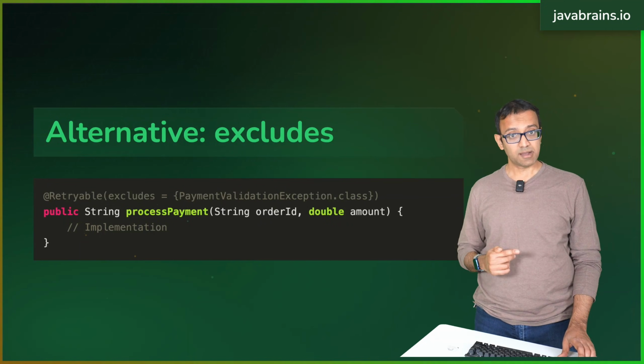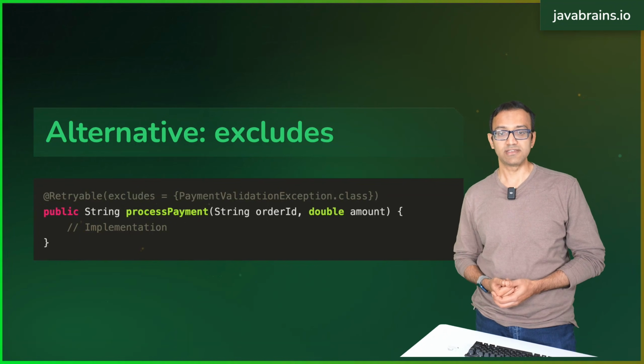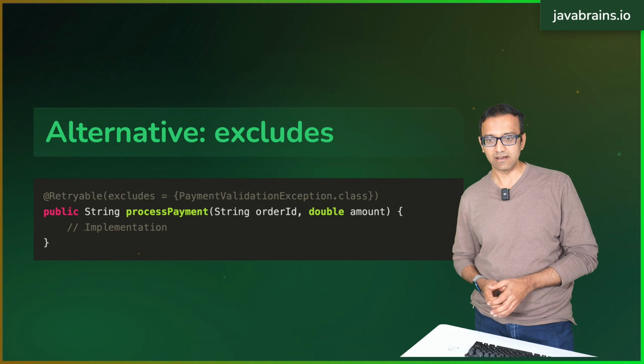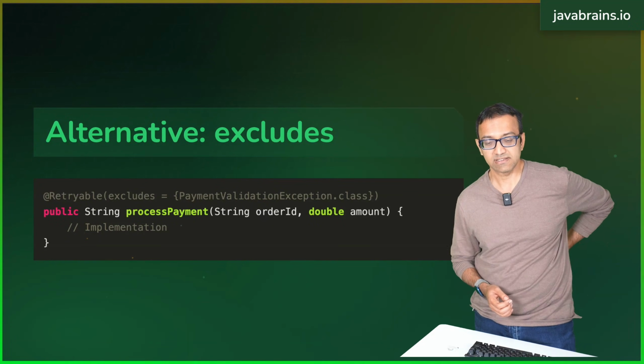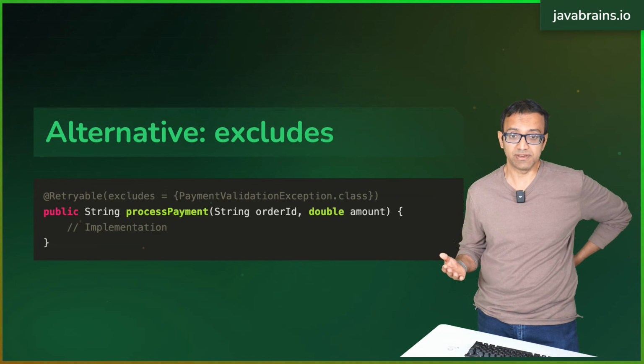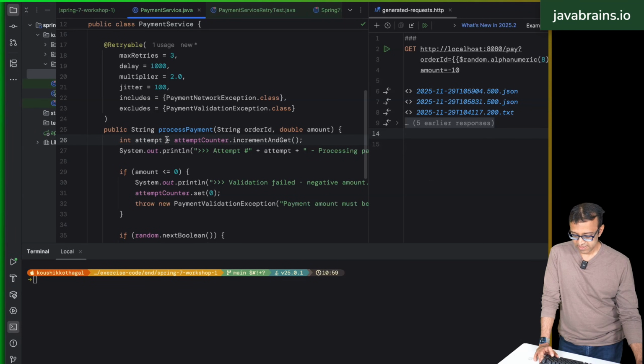So let's take a couple of minutes, go ahead and try out these properties on the @Retryable annotation in your code. You can also try out the max retries property to configure how many retries happen. You can set it to 5 and see it retry 5 times. So here with these values, I have both includes and excludes.